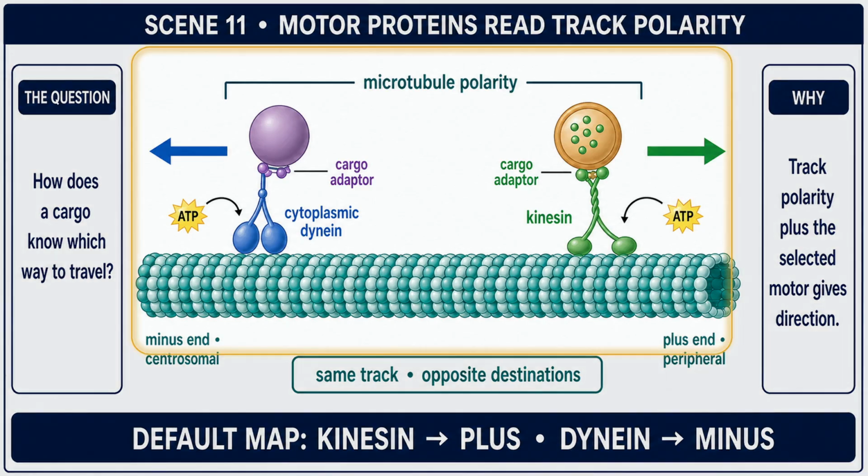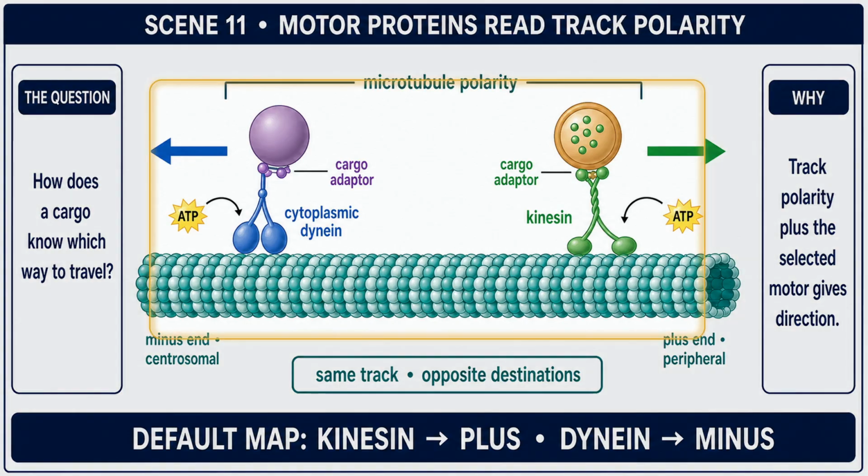Microtubule polarity gives the cell an internal coordinate system. In the common interphase arrangement, minus ends lie near the centrosome, while plus ends extend toward the periphery. Motor proteins can read that direction. Both kinesins and cytoplasmic dynein bind cargo through adapter proteins and use ATP to step along the microtubule surface.